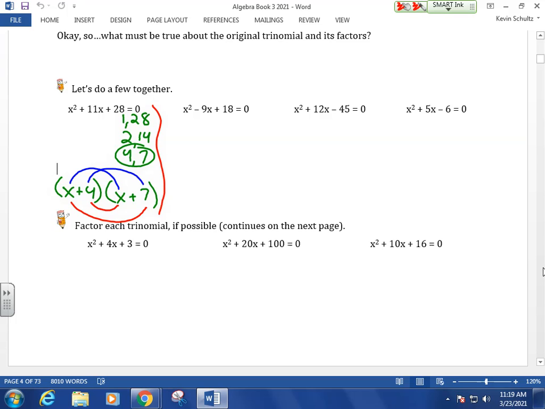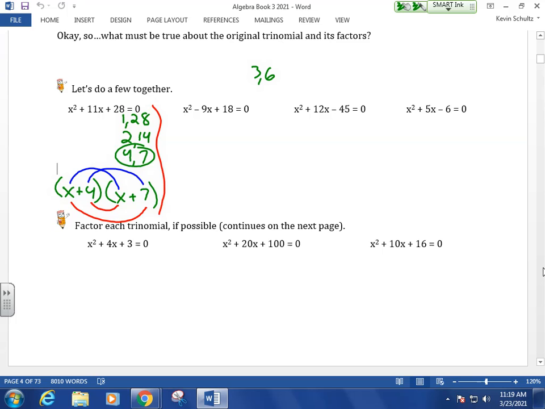Let's look at the next one. X squared minus 9x plus 18. Again, we're looking for two numbers that multiply to make 18, and those same two numbers add or subtract to give us negative 9. So starting with the 18, what are our only options? What are the factor pairs of 18? Brent? 3 and 6.